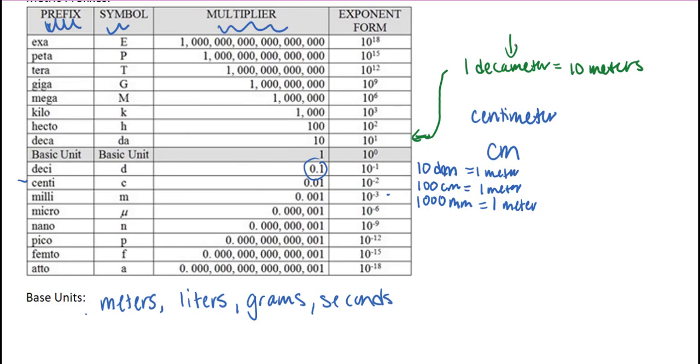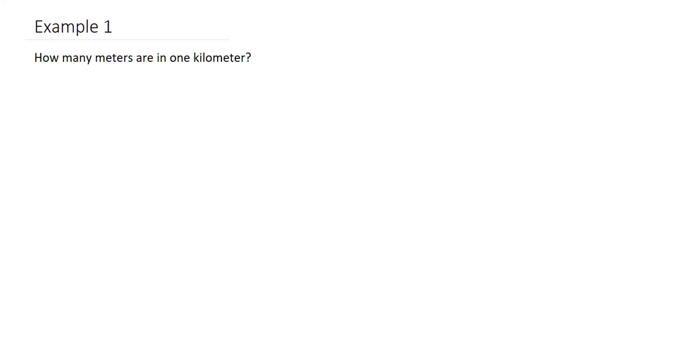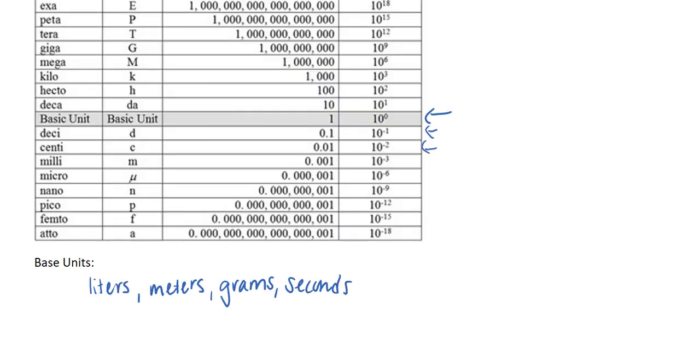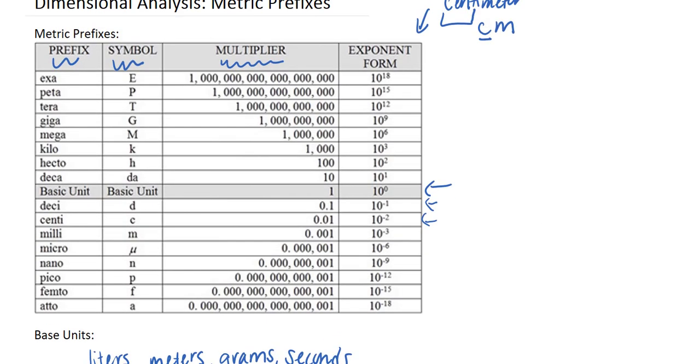Now let's look at some examples. Example 1: how many meters are in a kilometer? Well, we're looking for a kilometer. Meter is our base unit. Kilo is our prefix. If we see kilo, we look at 1,000.